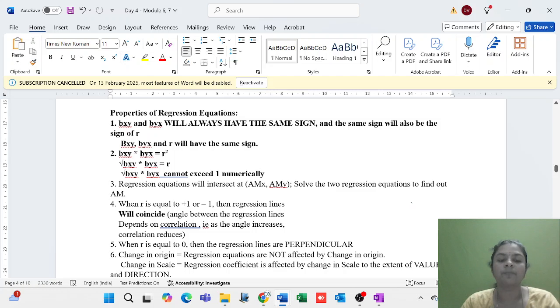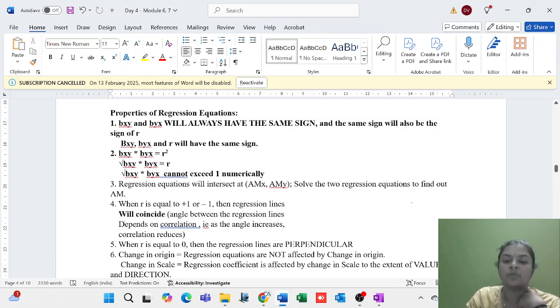Third, regression equations. The intersection point of the regression equations is the arithmetic mean of x and y. So if you solve the 2 regression equations, the answer that you get will be the arithmetic mean of x and y. Next property, when r is equal to plus or minus 1, the regression lines will coincide.